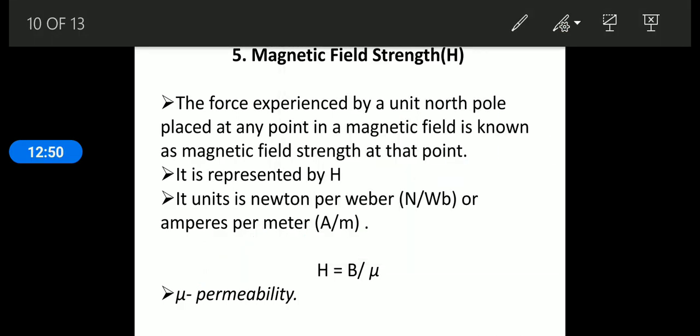That is, the magnetic field strength is nothing but the force experienced by a unit north pole placed at any point in a magnetic field. It is denoted by H and its unit is amperes per meter.